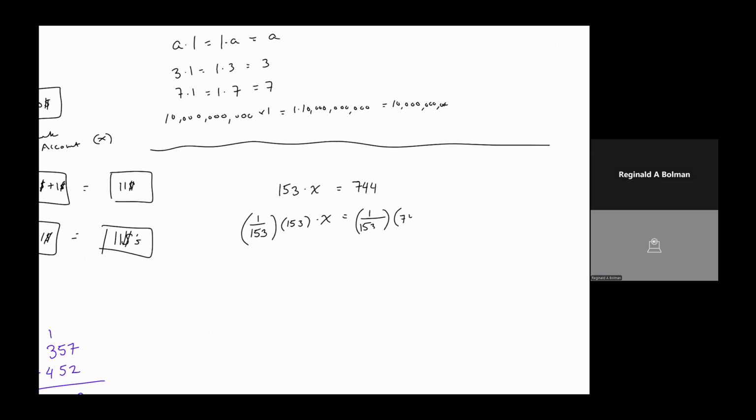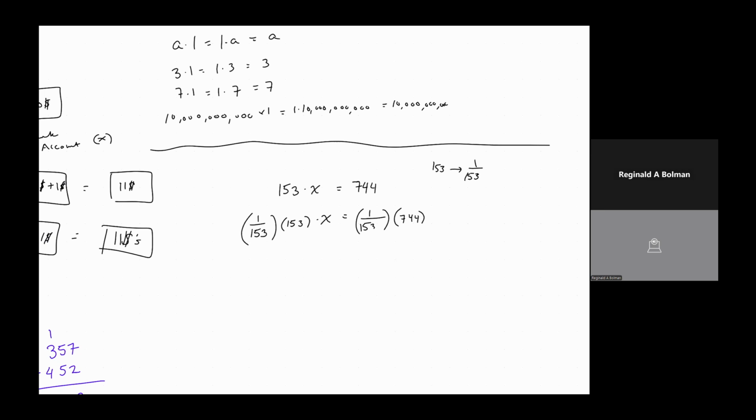Because I take 153 and I find its reciprocal, the multiplicative inverse of 153 being 1 over 153.